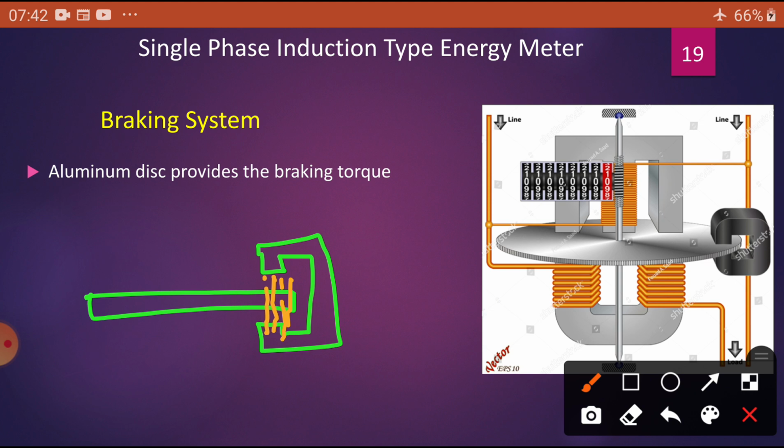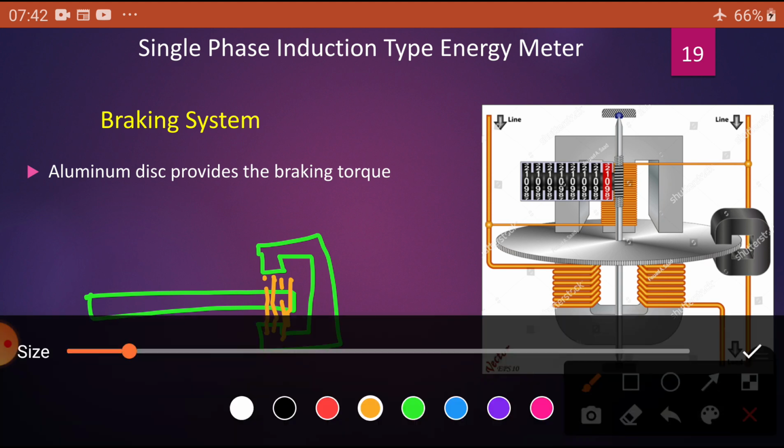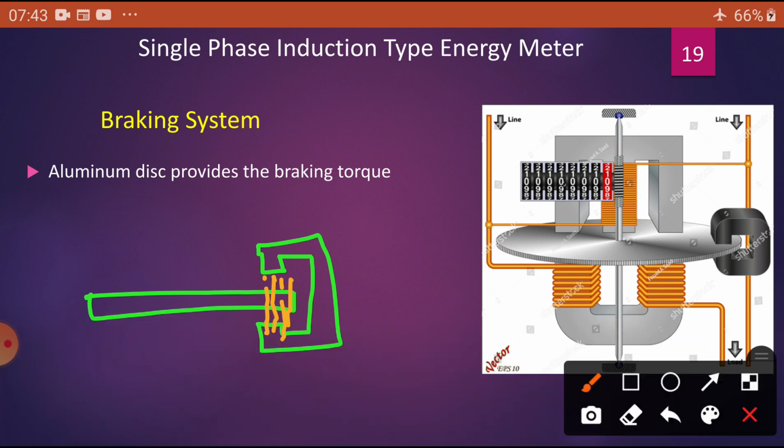In the second case, the same disc is provided here and I can use the magnet at the edge only. Okay, then what happens?